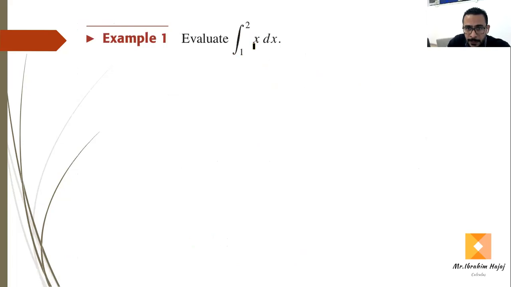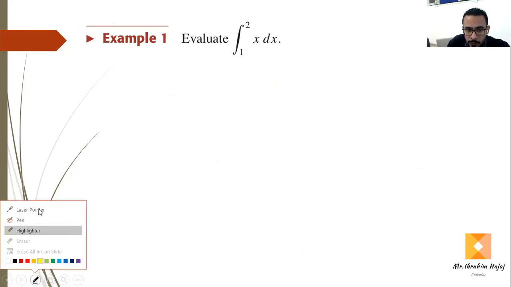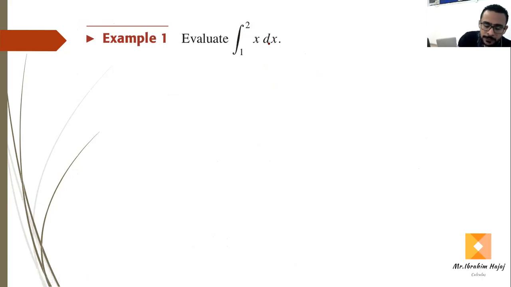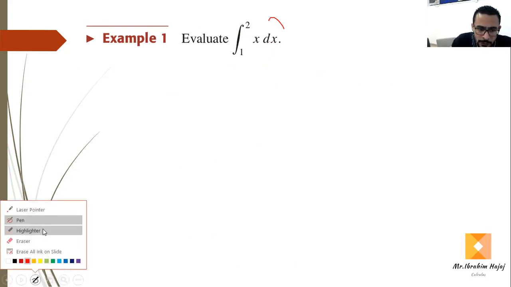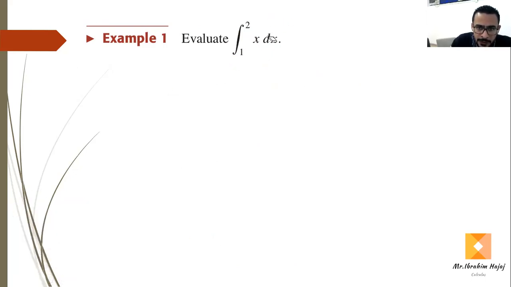In the next example, we will use these to evaluate the integral from 1 to 2 of x dx. I'm going to do this question easily by adding 1 to the exponent. Find a function that is an antiderivative of x, which is uppercase F, so x squared over 2.